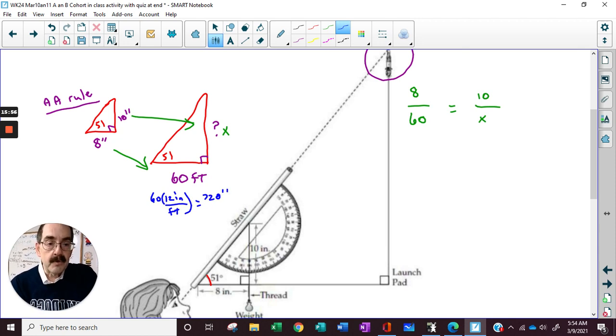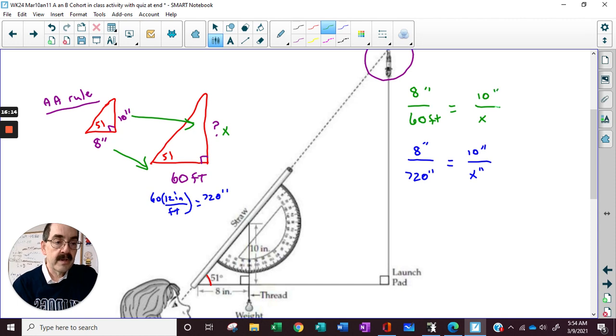That's 60 feet. Feet cancels, and we get 720 inches. Now I'd like some of you to pause the video, and if we have 8 inches to 720 inches as 10 inches to X inches. Feet, inches, inches, feet. Does it matter? Give that a try.